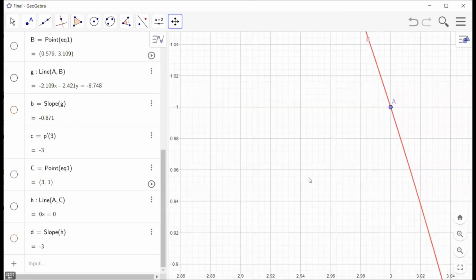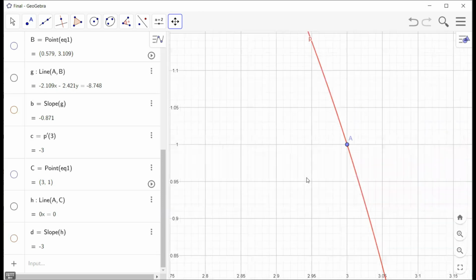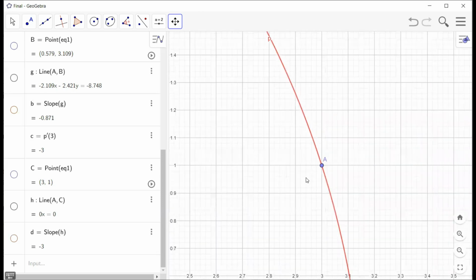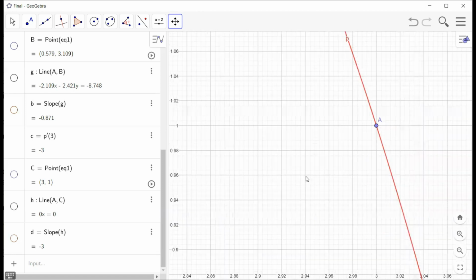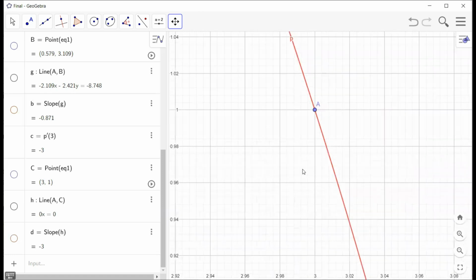You see, before it was a curve, but after zooming in, it approaches a straight line.